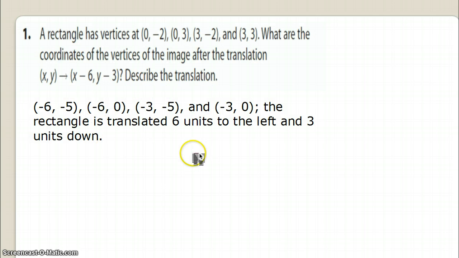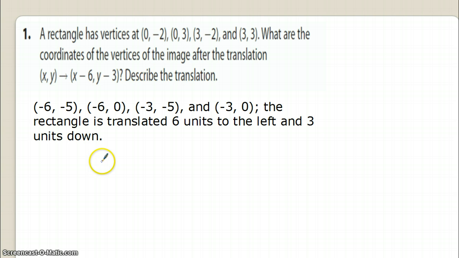Okay, so here we go. This rectangle. I've already gotten the answer here, but let's come in here real quickly and determine how we got one or two of them. I know you read along with me. So let's look at the very first one, which is 0.